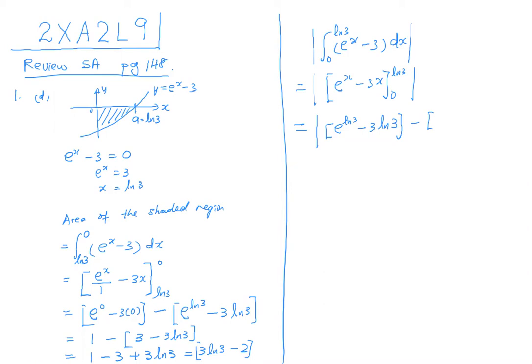So this one will be, wait, 1 minus 0. So now this one will be modulus 3 minus 3 ln 3, take away 1. So it will be modulus 2 minus 3 ln 3.